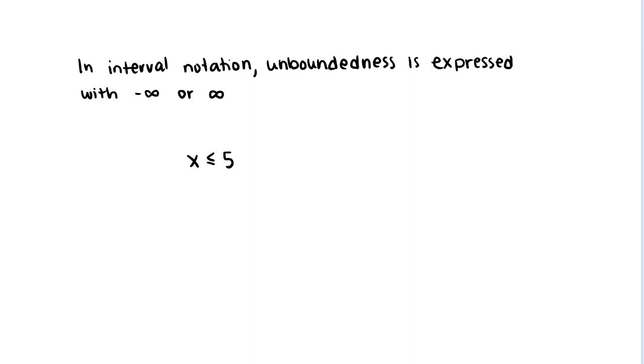In some sense, this is saying that the largest value x can be is 5, but there is no smallest value, right? It's kind of unbounded in how small this value of x can be to satisfy this inequality.